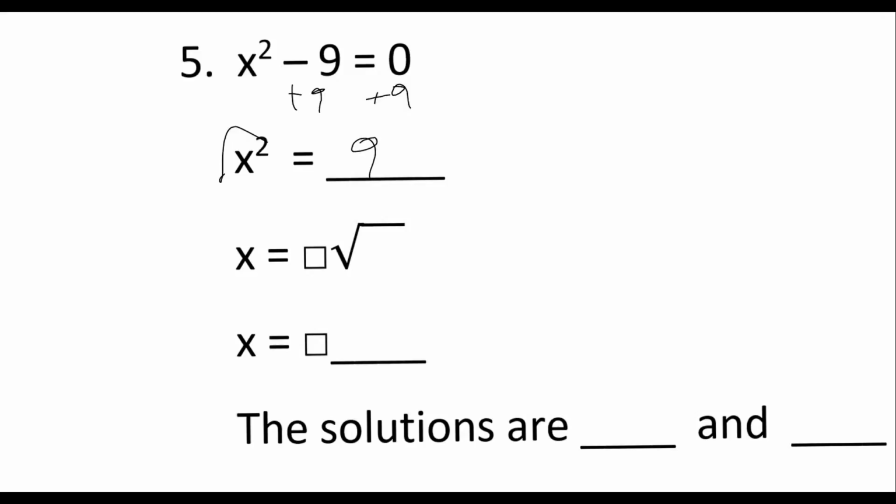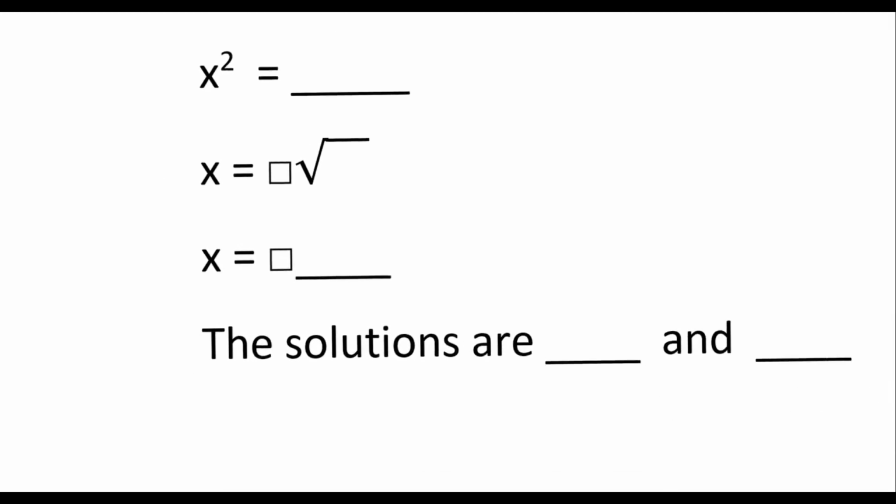I take the square root of both sides, and I'm left with plus or minus the square root of 9, which leaves me with plus or minus 3. My solutions are going to be 3 and negative 3. And it's just that easy.